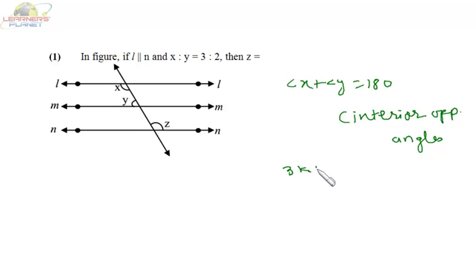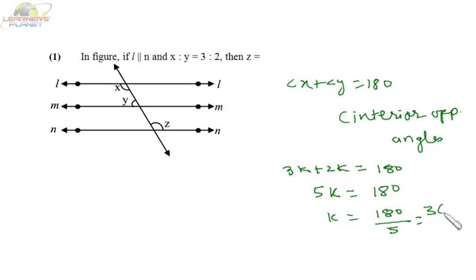So 3K plus 2K is 180, or we can say 5K is 180, or K is equal to 180 by 5, that is 36. So K is 36. Now we can calculate the value of X and Y. So angle X is equal to 3 into 36, that is 108. Angle Y is equal to 2 into 36, that is 72.